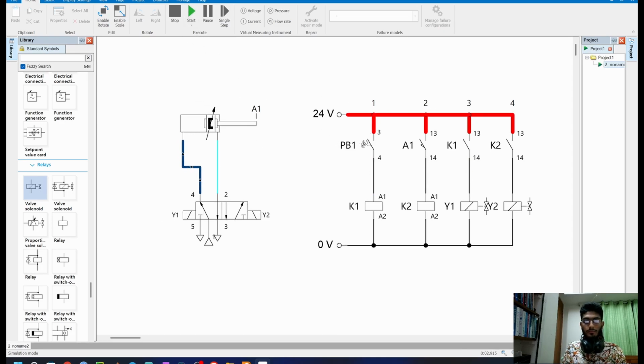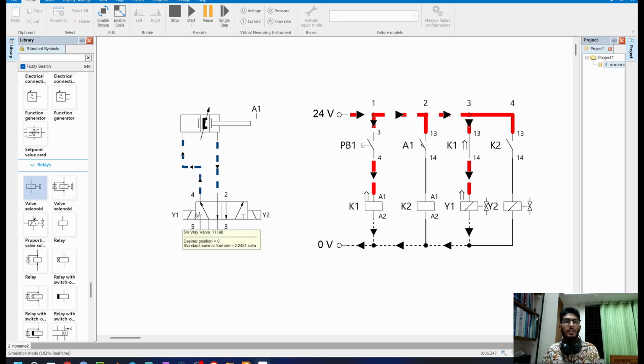Pushing PB1. Let's see in single step. Okay, pushing PB1. See, K1 is getting energized. This limit switch is closed. Because of that, Y1 is energized, and for that, the left side of this 5 by 2 will get actuated.